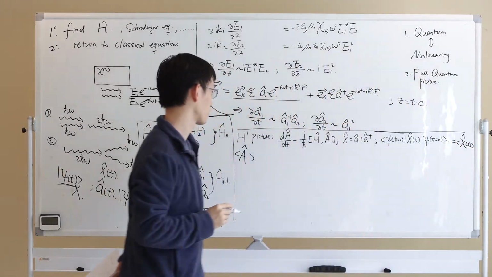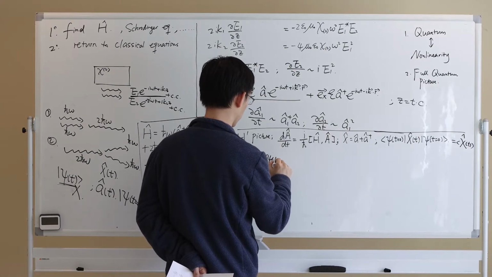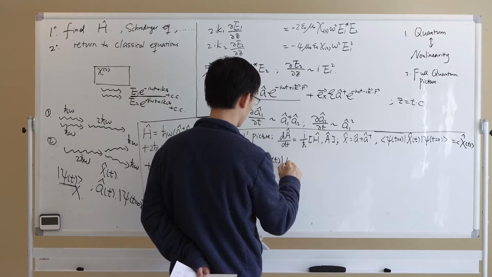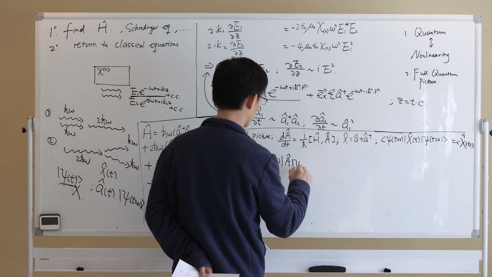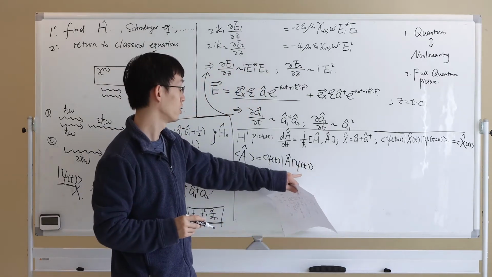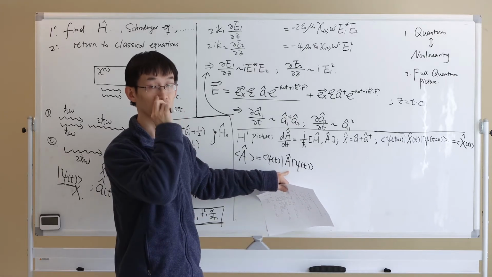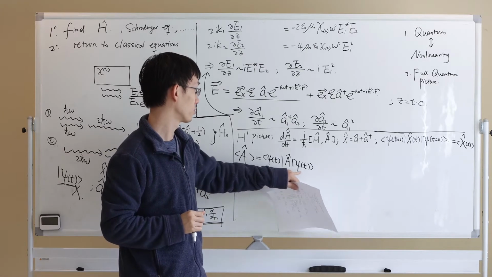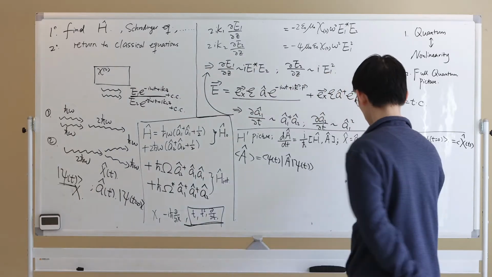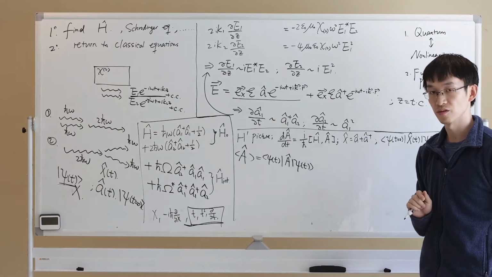In quantum mechanics, in the standard Schrodinger way, you solve for the time evolution of your state wave function, and then you do the inner product of your operator on this, and then it gives you the expected value.